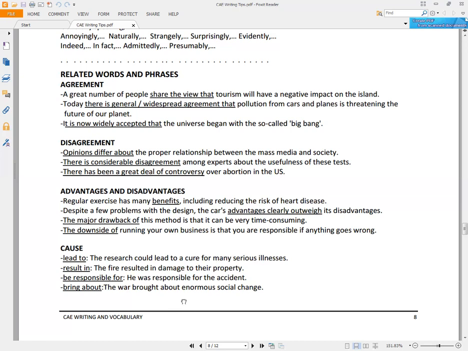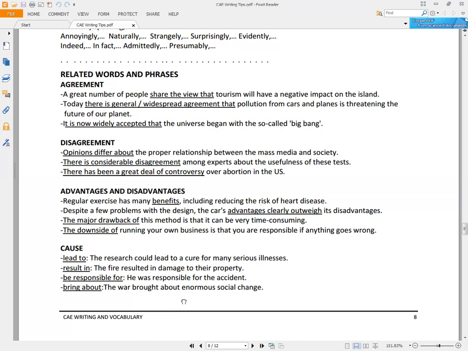Despite a few problems with the design, the car's advantages clearly outweigh its disadvantages. Notice here that despite is followed by a noun, not a sentence, not a subject and a verb. And 'outweigh' here is a verb that means the advantages are more than the disadvantages.